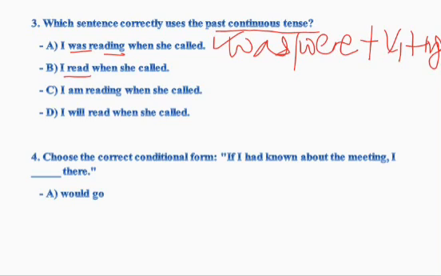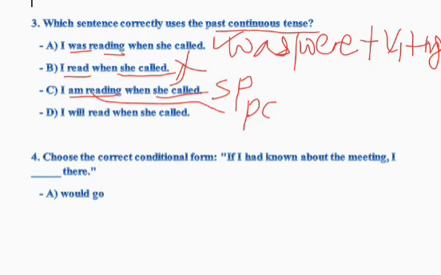Simple present can't go in parallel with simple past tense, so this is wrong. C, I am reading when she called. This is present continuous and simple past, so they can't go together in parallel.